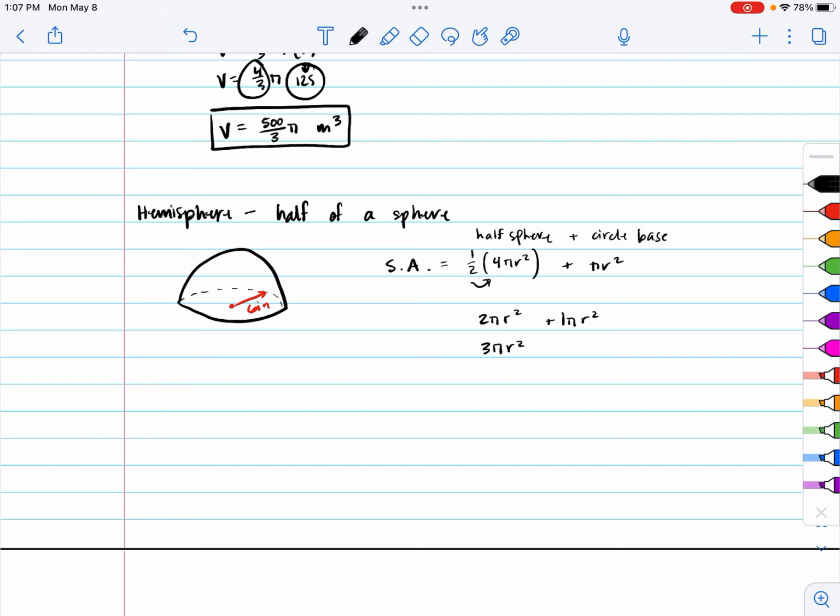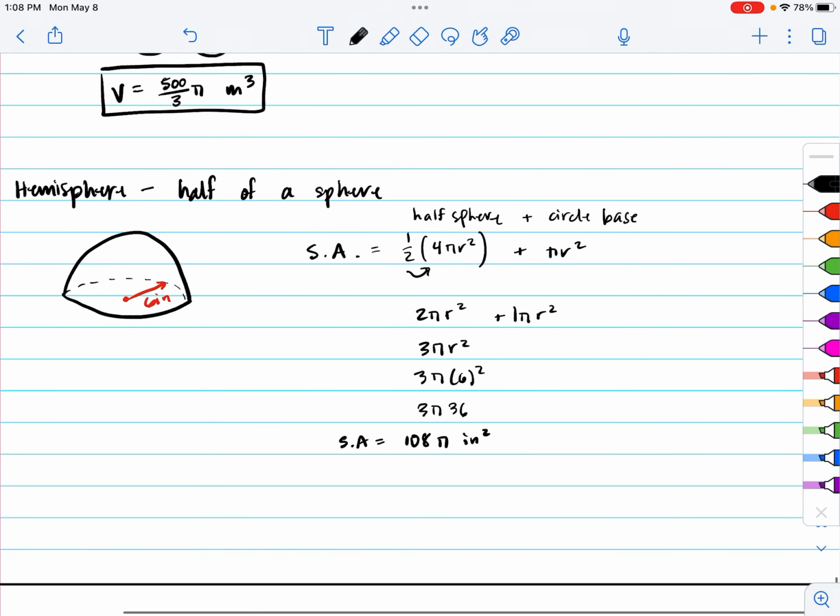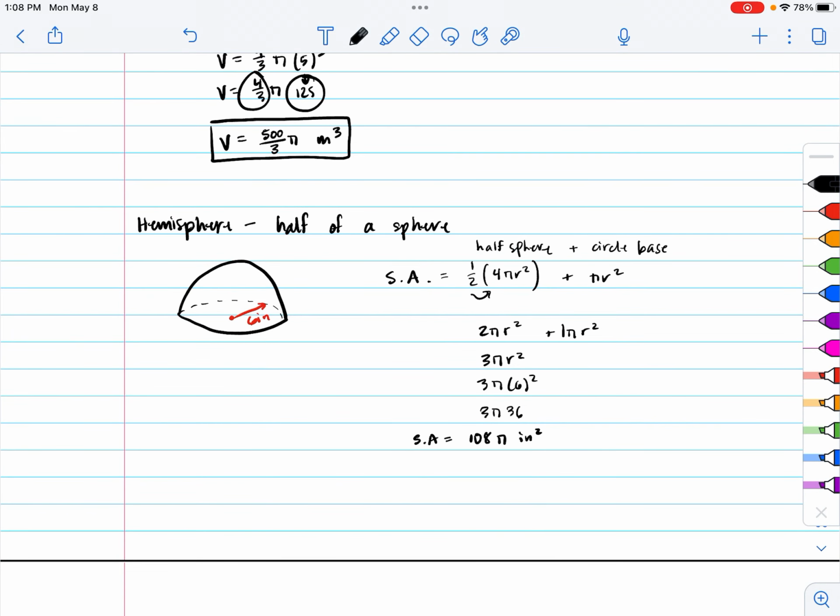Okay? We know the radius here is 6, so we could say 3 pi 6 squared, which is 36. 3 pi times 36. 3 times 36 is 108. So we would get the entire surface area being equal to 108 pi inches squared. Okay, so that's the surface area.